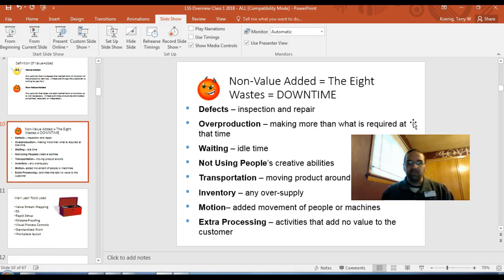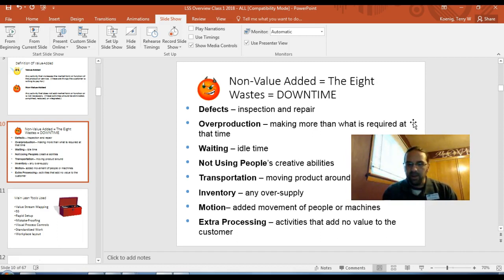Not using people's creative abilities. This would be having employees with degrees trying to promote themselves and you have them on the saw. Or this might be a journeyman electrician running a parts washer. Use people to their full ability.